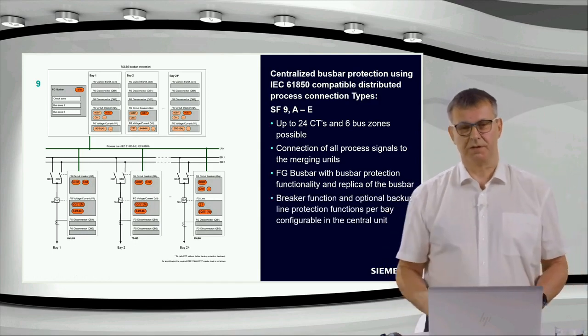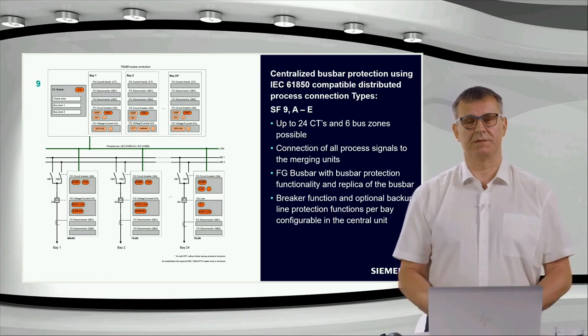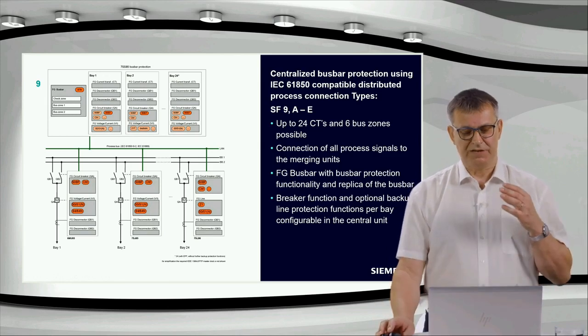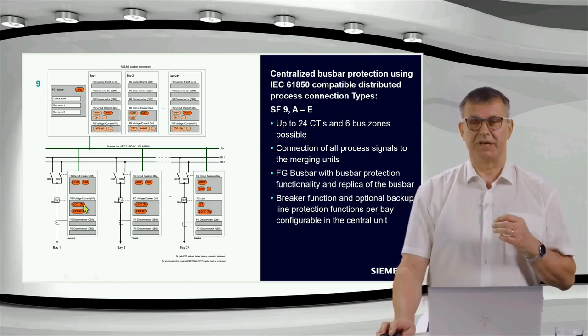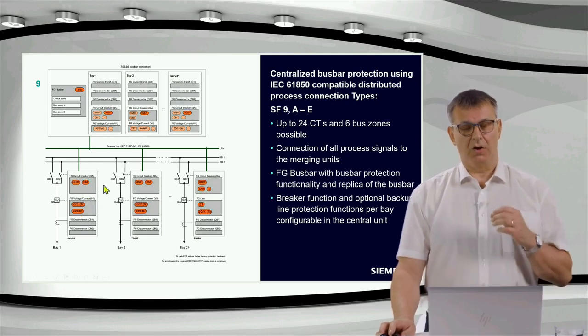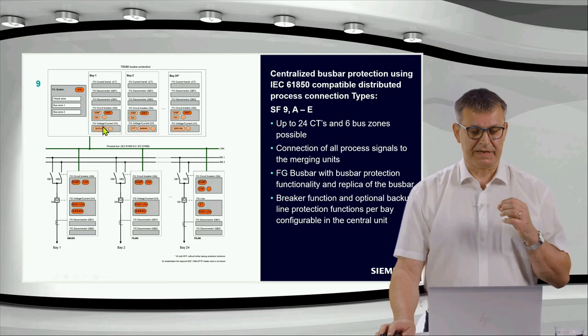Also, for backup functionality such as circuit breaker failure protection, overcurrent protection and directional overcurrent protection, you have two possibilities. You can either create them in the merging unit, or you can create them in the 7SS85, like in the centralized busbar protection.